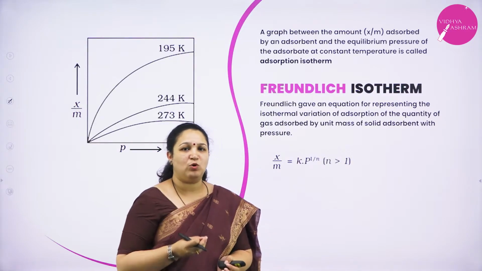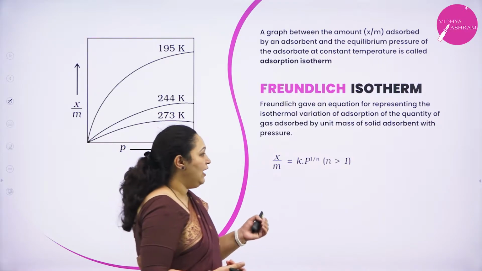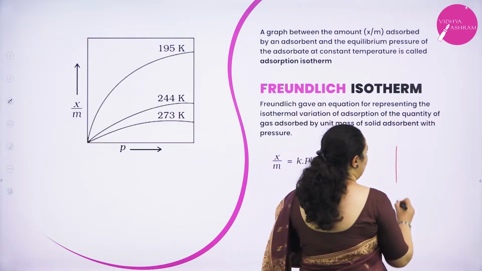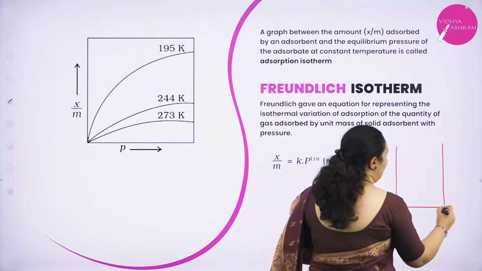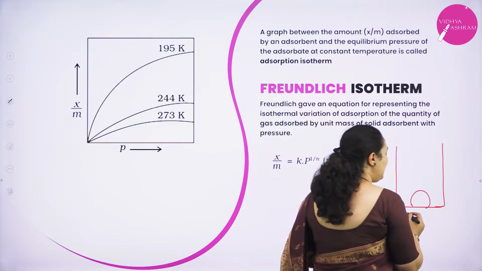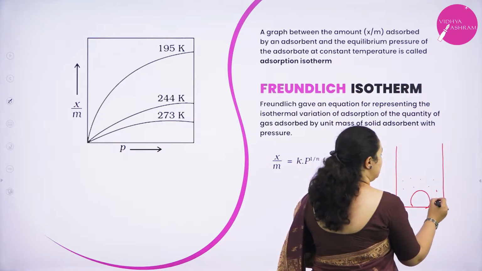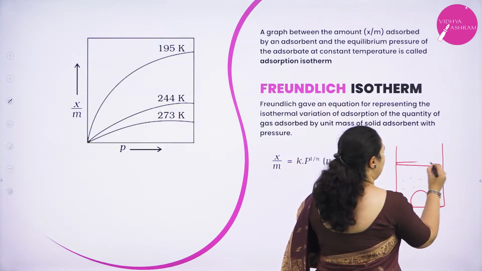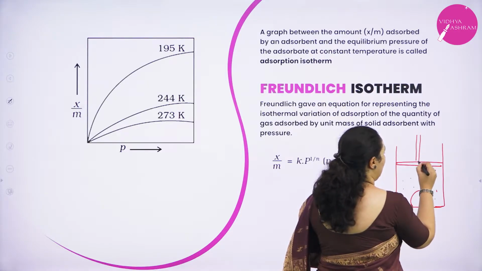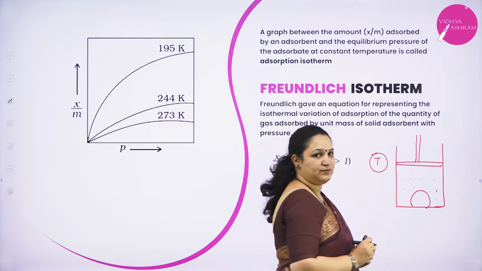To explain this more easily, I'll just take an example in which I'm taking a container. I've placed an adsorbent, I've taken some gases, and this is fitted with a piston, and the entire system temperature is kept constant.